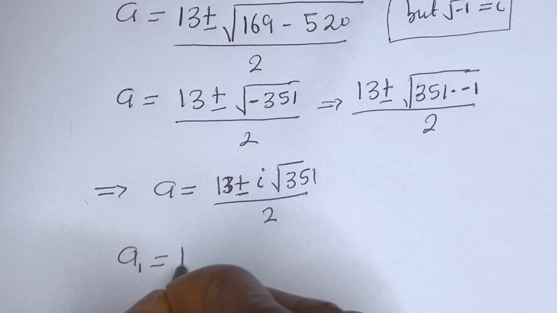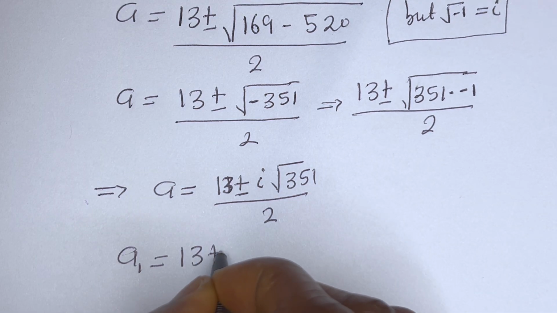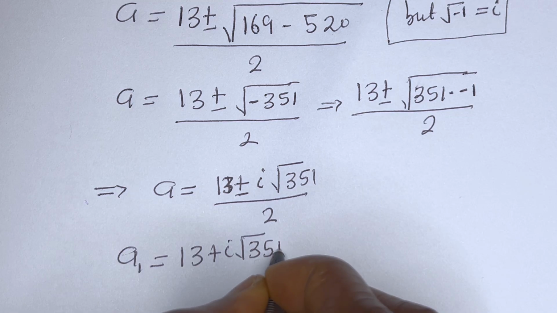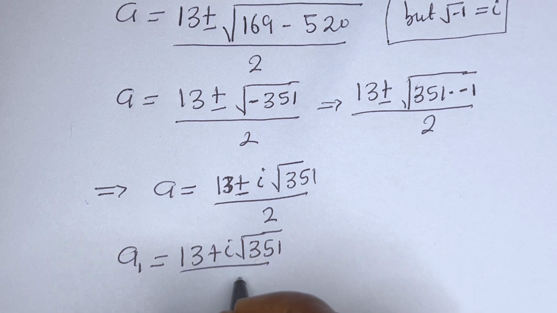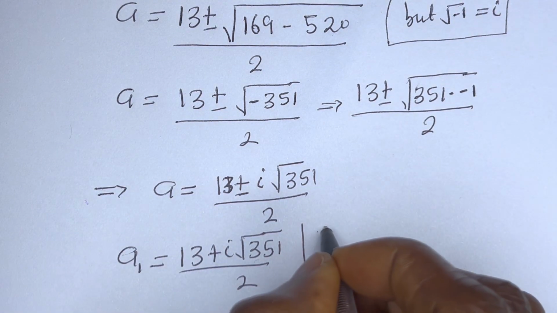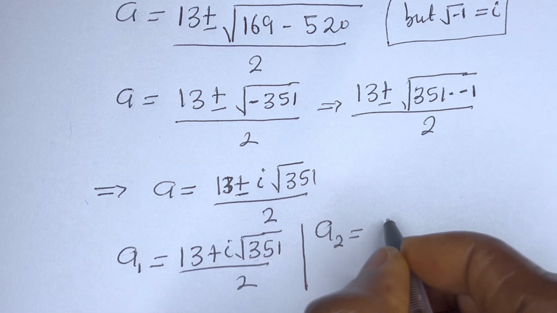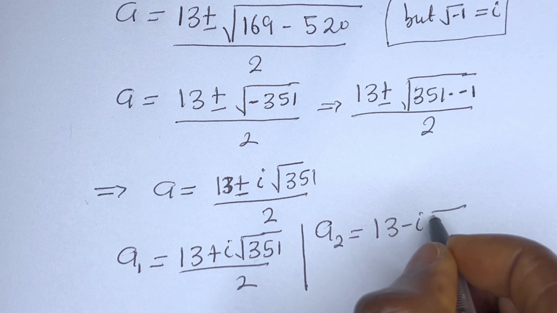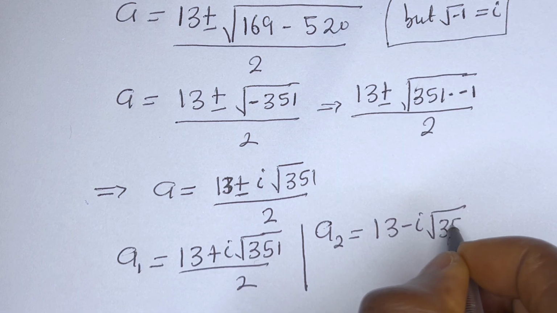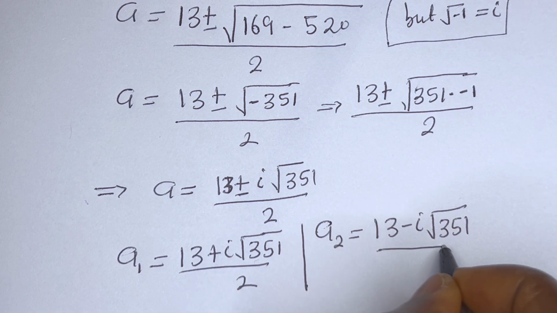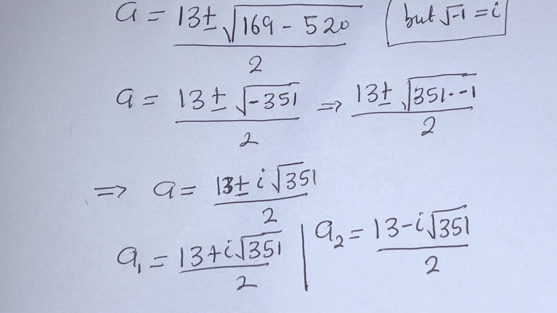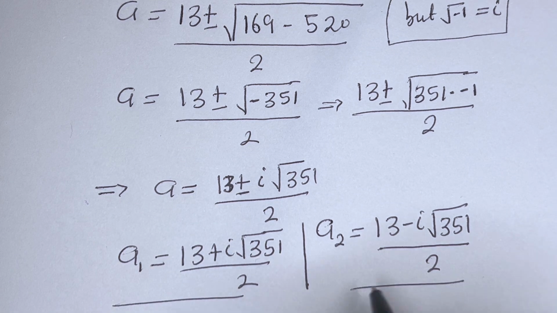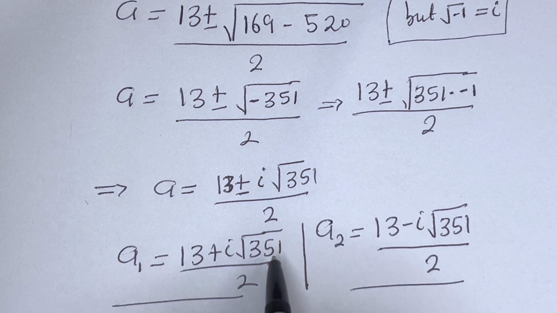A1 is equal to 13 plus i square root of 351 over 2, and A2 is equal to 13 minus i square root of 351 over 2. These are the values of A1 and A2. We've gotten the value of A1 and A2.